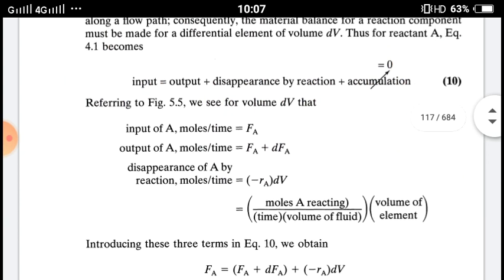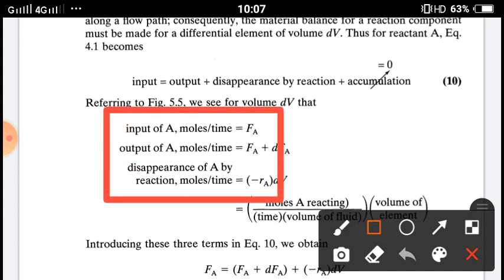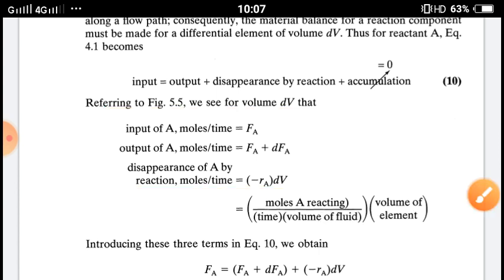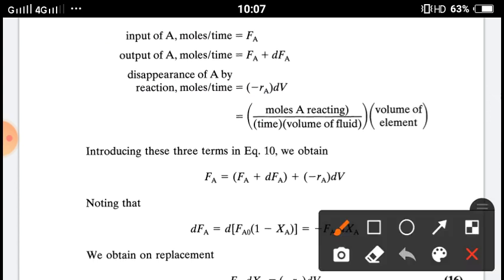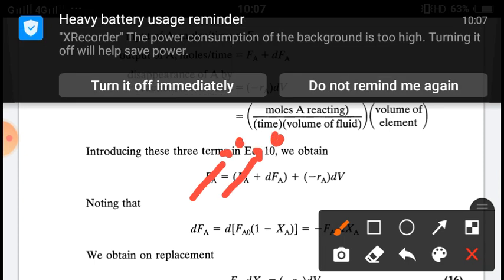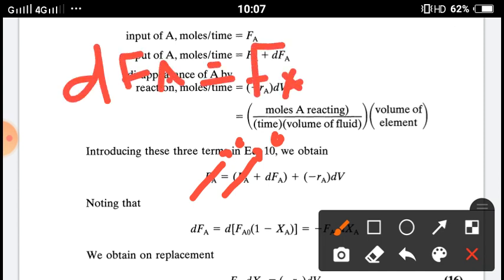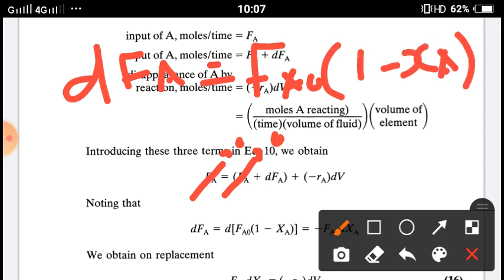As you can see over here, there is a detailed calculation of this material balance. The FA will cancel each other out, and we can write dFA is equal to the differentiation of FA0 into 1 minus XA.